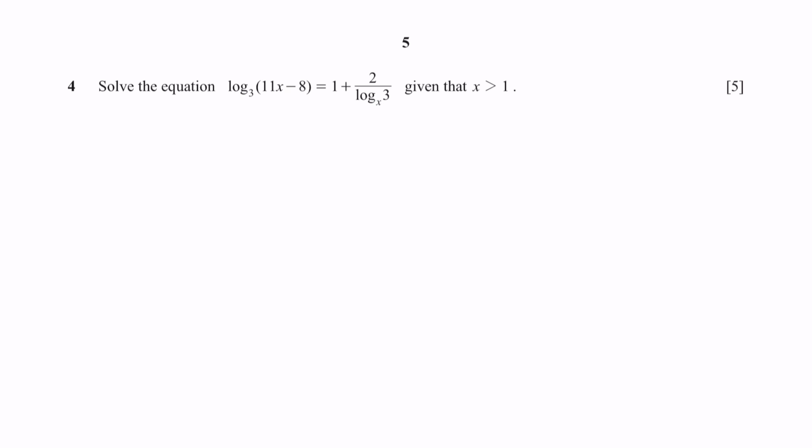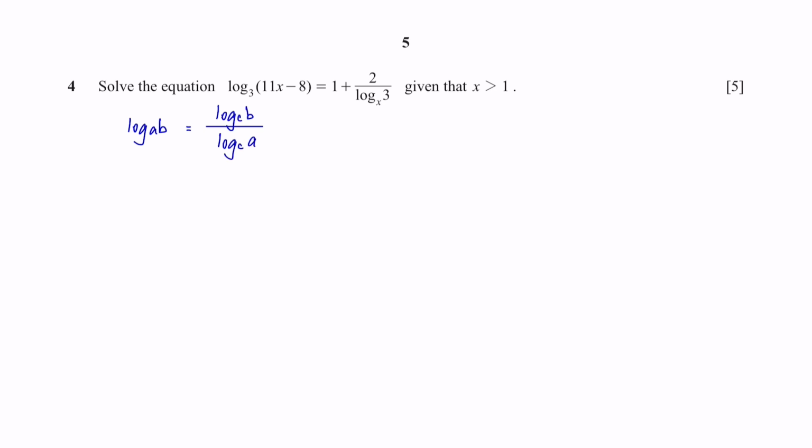So in order to solve this equation, we need to change them to the same base. And the formula to change the base would be this. If we want to change this into base c, let's say, we would need to use this formula.